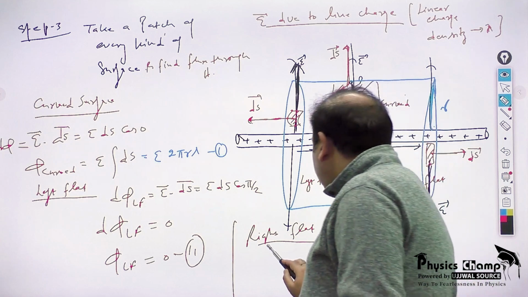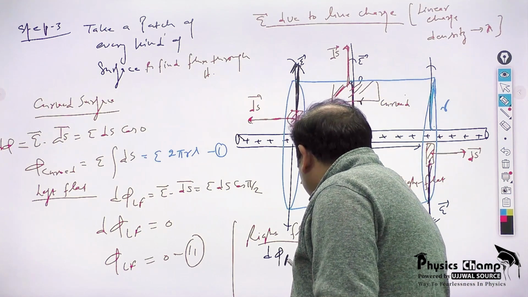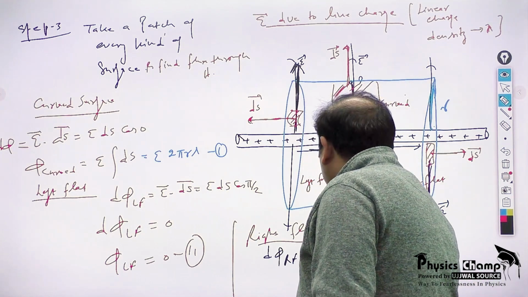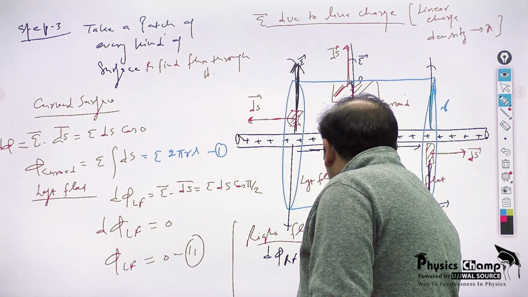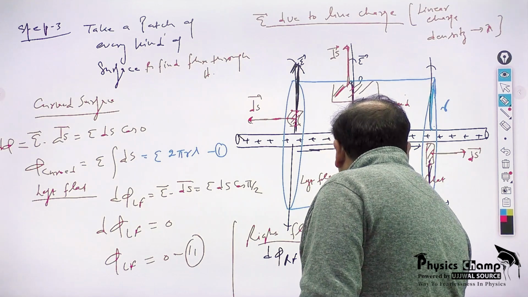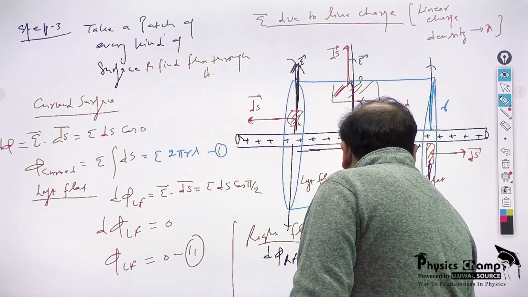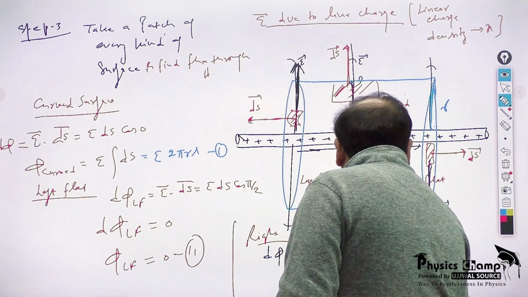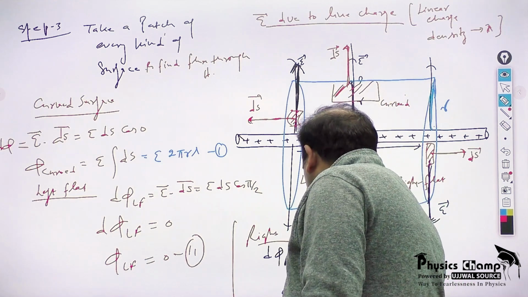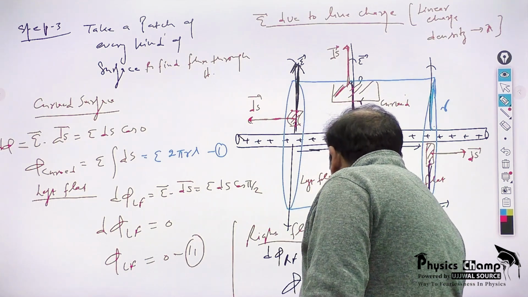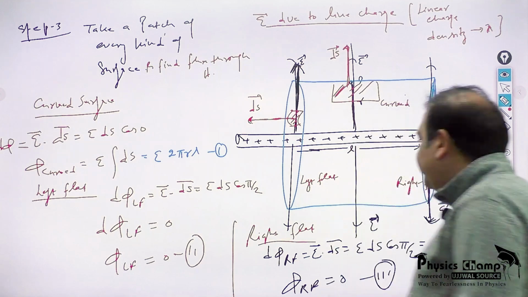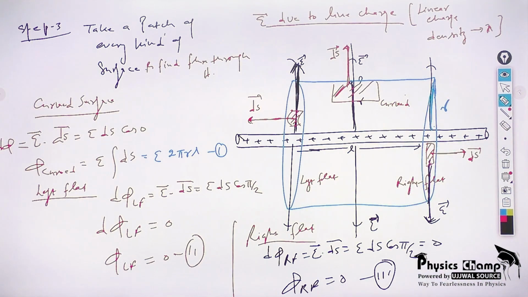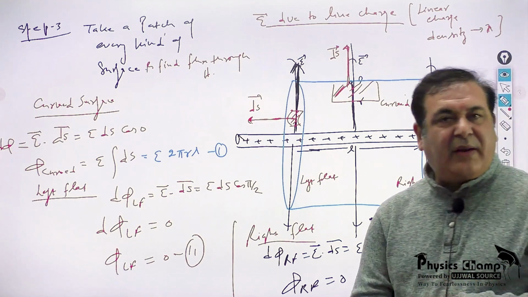So d phi for the right flat surface is again E dot dS, E dS cos 90. So it is 0, and thus the flux through the right flat surface will also be 0. So that is step 3, I think it is very clear.